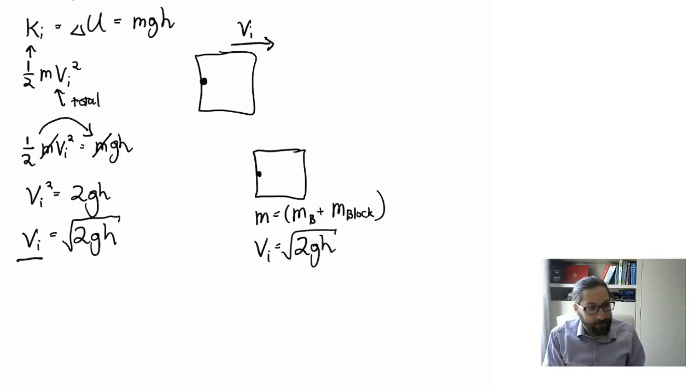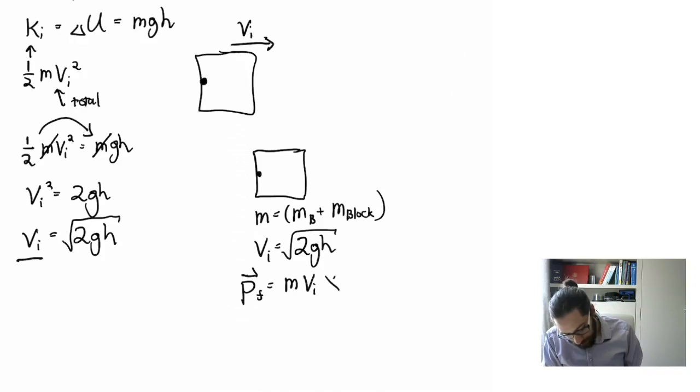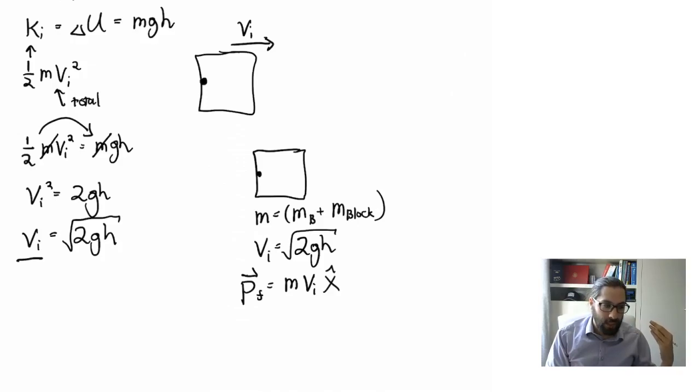Okay? So this object has momentum, m vi in the x direction. Therefore, the initial momentum of the bullet, because it's the only thing with momentum in the reference frame that we're working in, is going to be the same as the final momentum of the block.